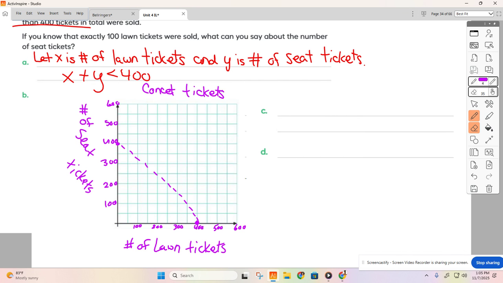And then the shading was below. Okay, that should be a dashed line, y'all. It needs to be a dashed line, not a solid line. And the shading goes below.